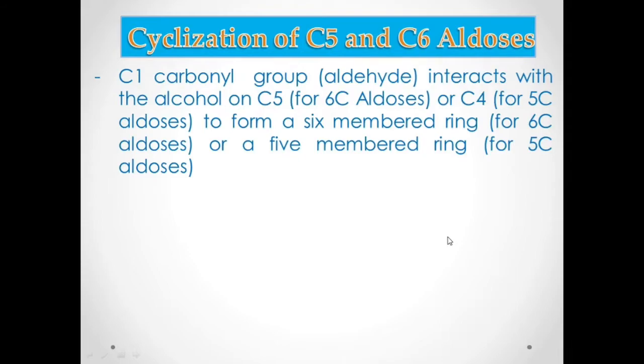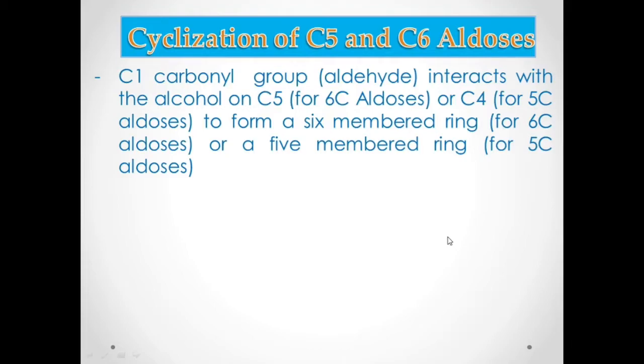This is for 6 carbon aldoses only, for hexose sugars. For hexoses, the carbon 1, which contains the carbonyl group, will interact with the alcohol on carbon 5.